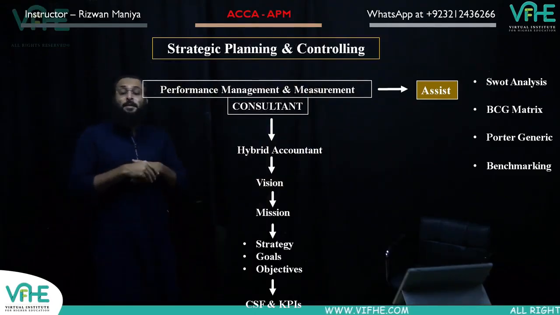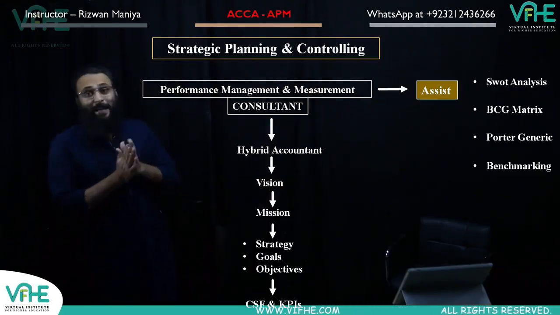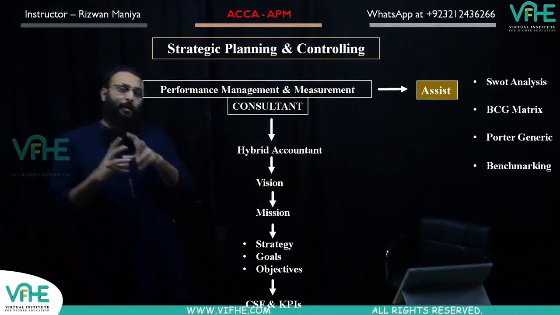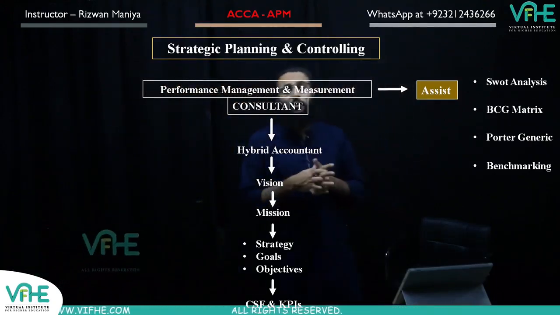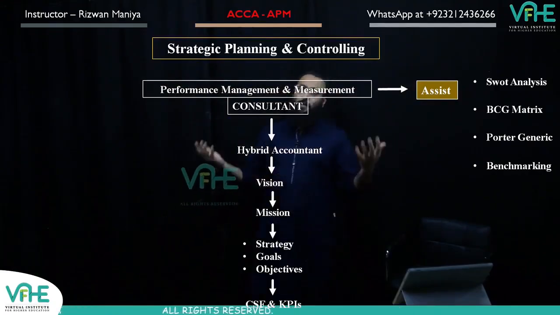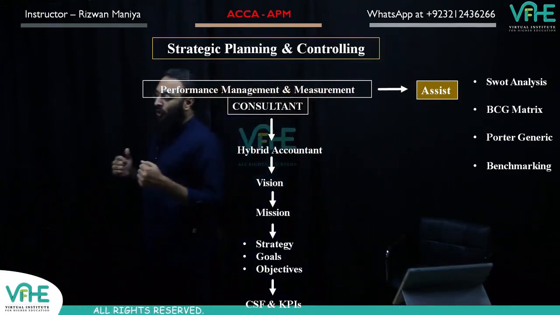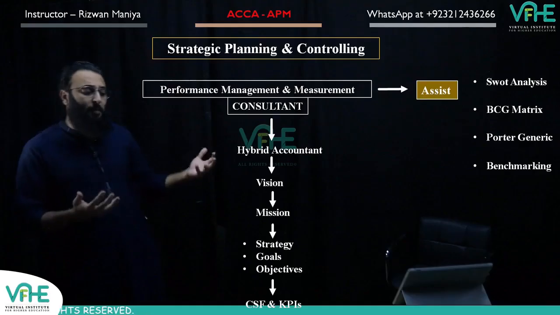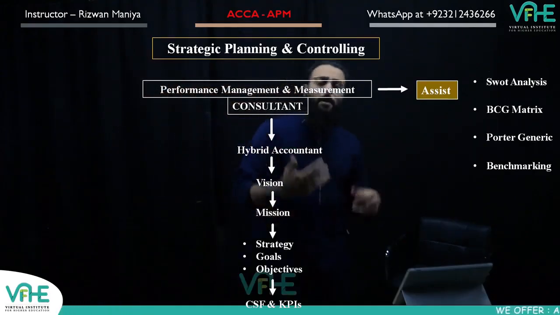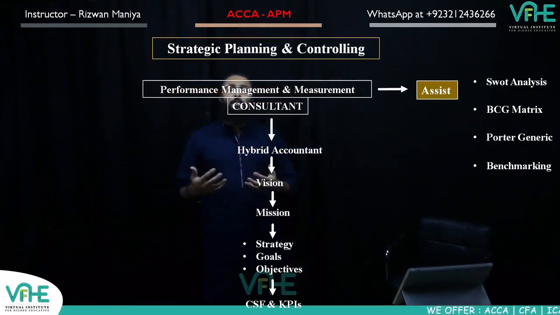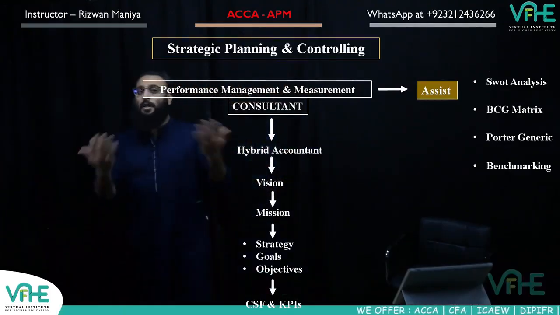Then comes the next benchmarking, and that is known as functional benchmarking, where you benchmark one of your functions, like administrative department, or like marketing department, with the best in practice. Now that best in practice must not be from the industry, it can be outside your industry.